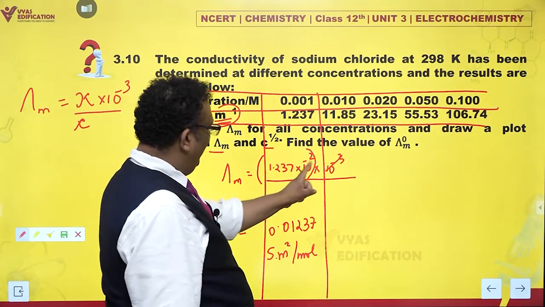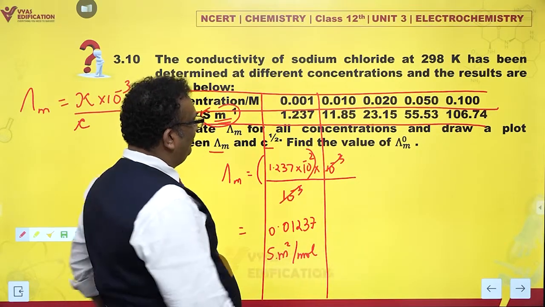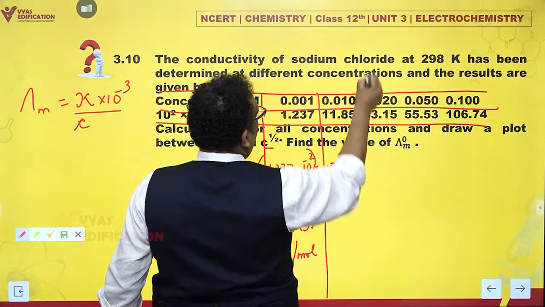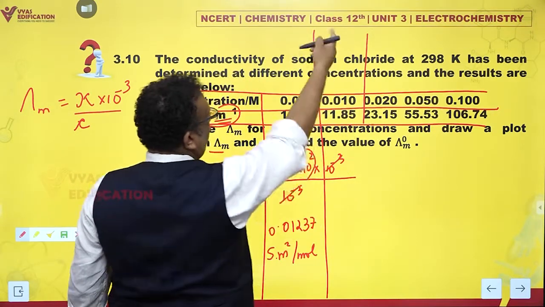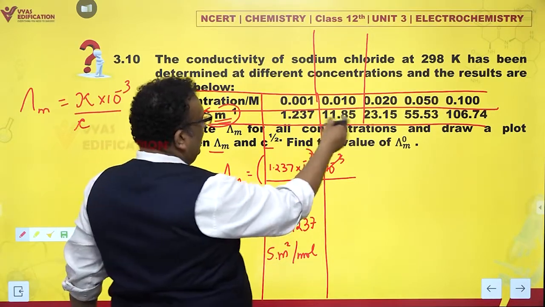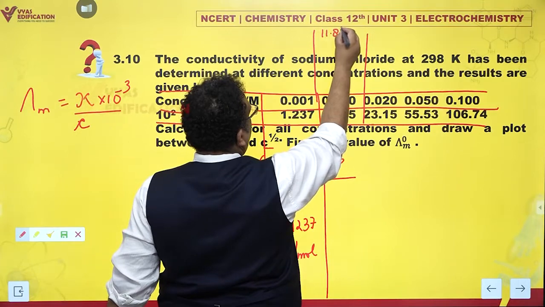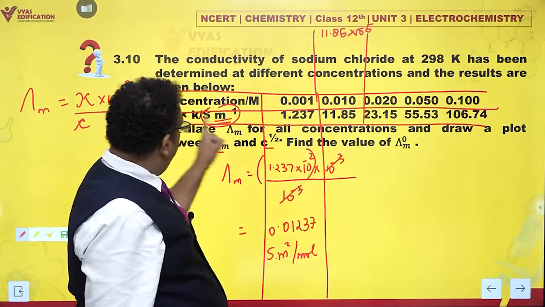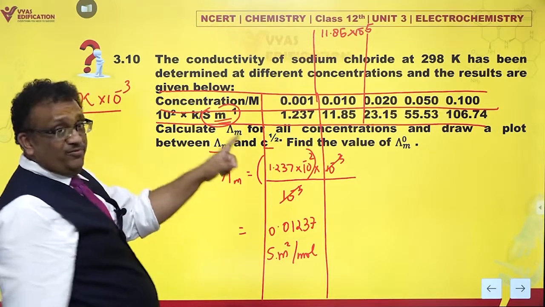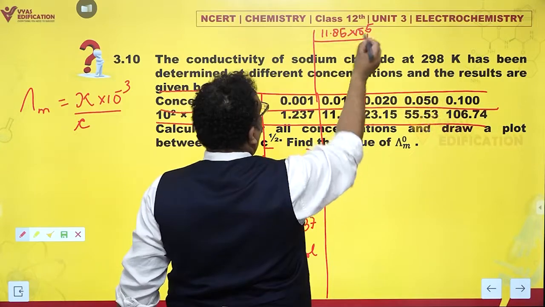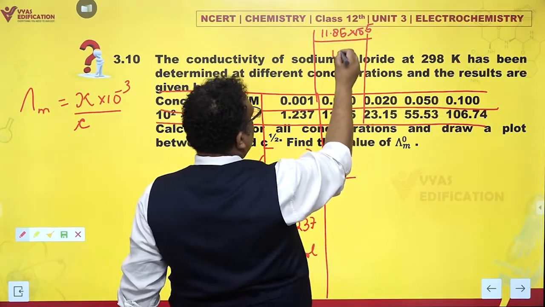We have this now, we have to multiply it by 10 to minus 5. Once we take this value, we don't have much space here, so let me do this up so that we have more space for the third entry. So that would be 11.85 into 10 raised to minus 5. Why minus 5? 10 raised to minus 2 from here and minus 3 from the formula, so that would make it 10 raised to minus 5 again. Divided by concentration. Concentration is 10 raised to minus 2.